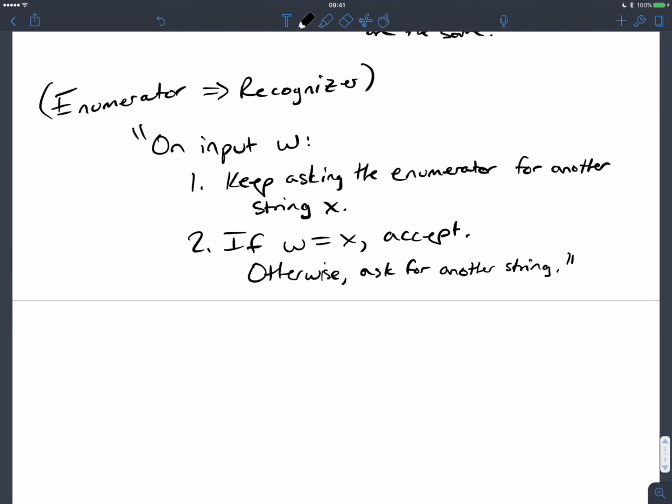So let's just make sure that this idea works. If W that's given to me as input really is in the language of the enumerator, it will print it eventually, in a finite amount of time. Well, we just keep asking for another string, and so sometime the enumerator will print it.